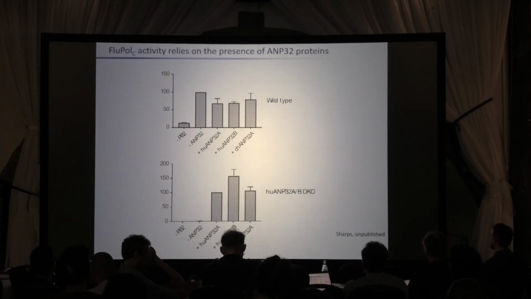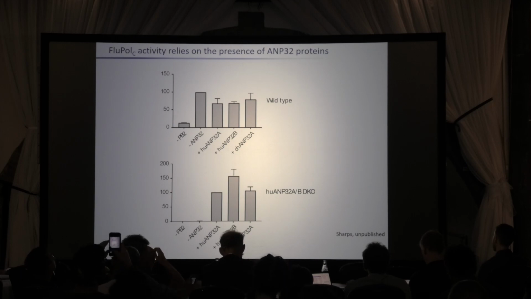And we were able to show for the polymerase from flu C, because the structures I'll be showing you are primarily based on flu C, that the presence of human ANP32B or chicken is key for replication.